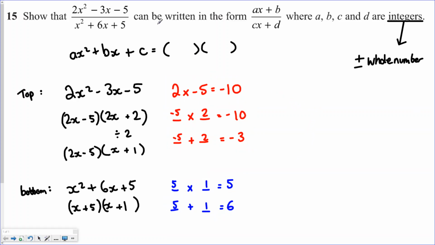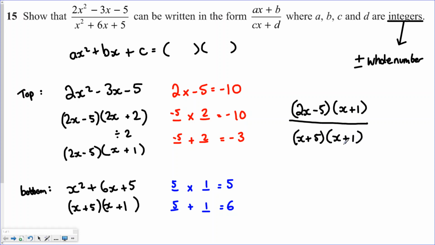So our numerator and the denominator have now been factorized, so we now have 2x minus 5 in one bracket, x plus 1 in the other, over x plus 5 and x plus 1.